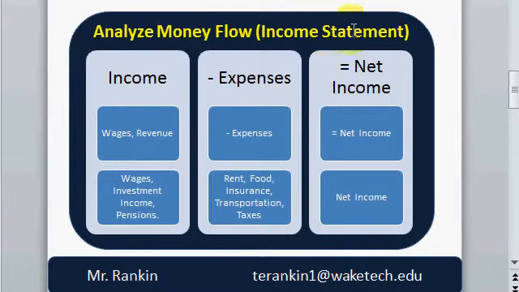In accounting, this is often called an income statement. So if you were to take up all your wages, investment incomes, any pensions, subtract out your rent, your food, your insurance, all your other expenses, you would have your net income. Something you need to track, take a look at, and put together for yourself.